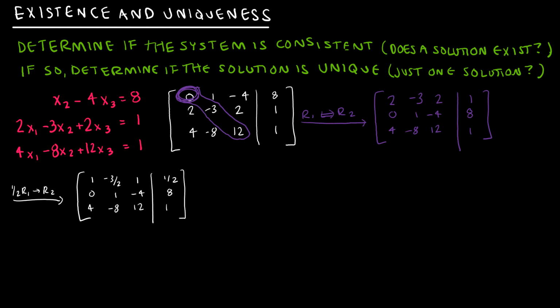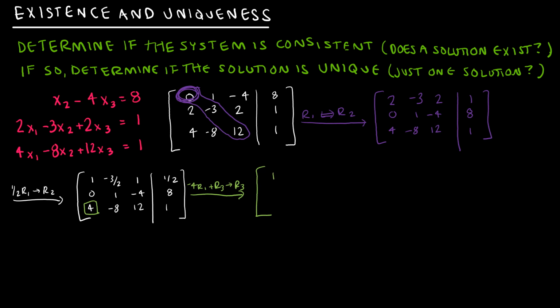So I have a 1 where I want it, but what I don't have now is I want this to be a 0, because once I have a 1, I want everything below it to be a 0. So I'm going to take negative 4 times row 1, because I needed negative 4 to cancel out my positive 4, plus row 3 to be my new row 3.